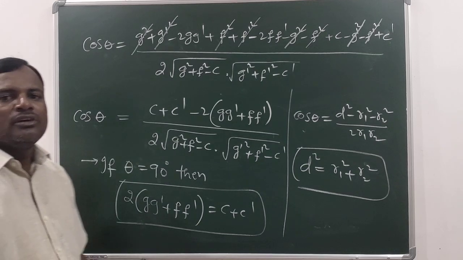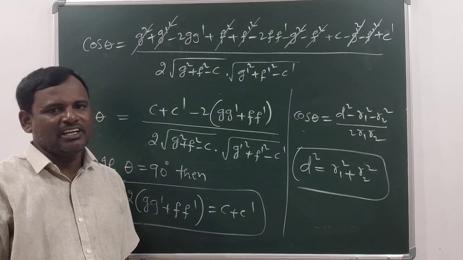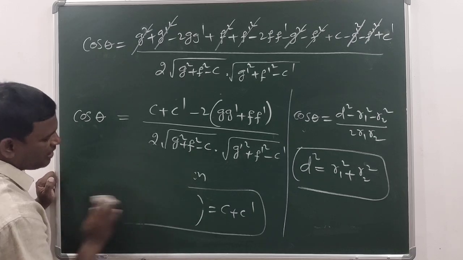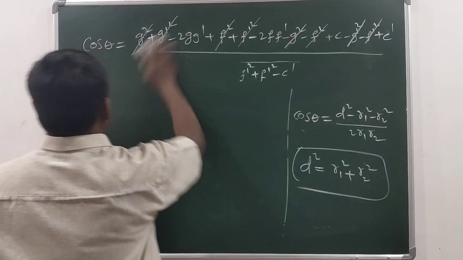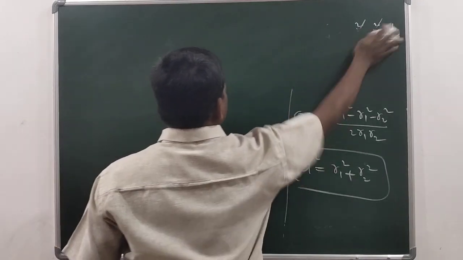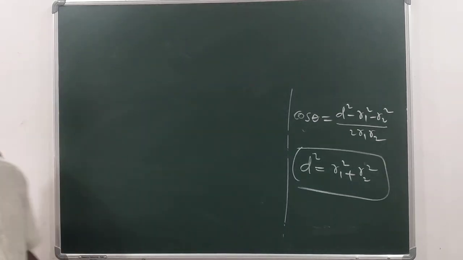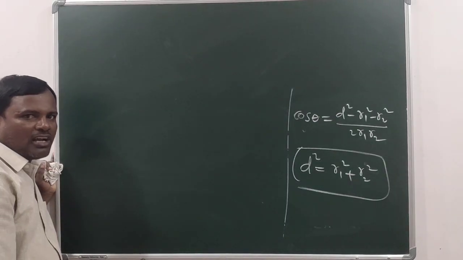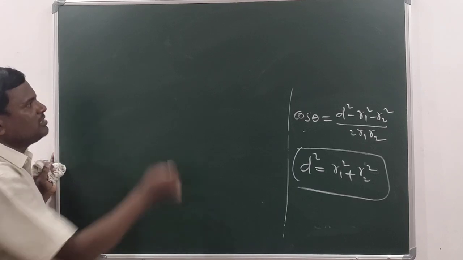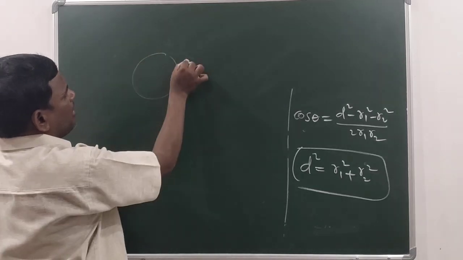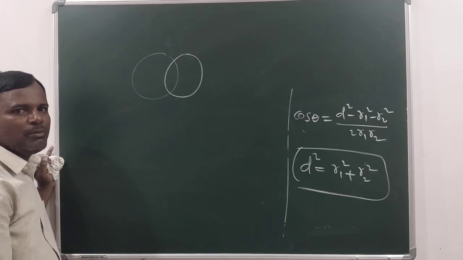So suppose the radii of two circles are equal. See, students, if the radii of two circles are equal, automatically the angle between the two circles will be 90 degrees.